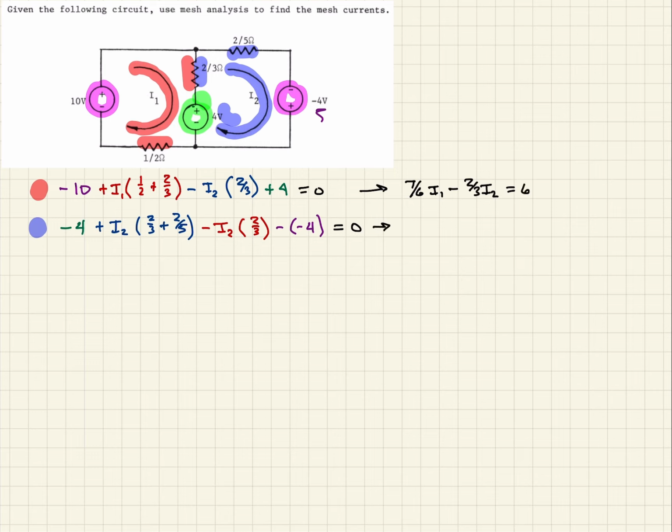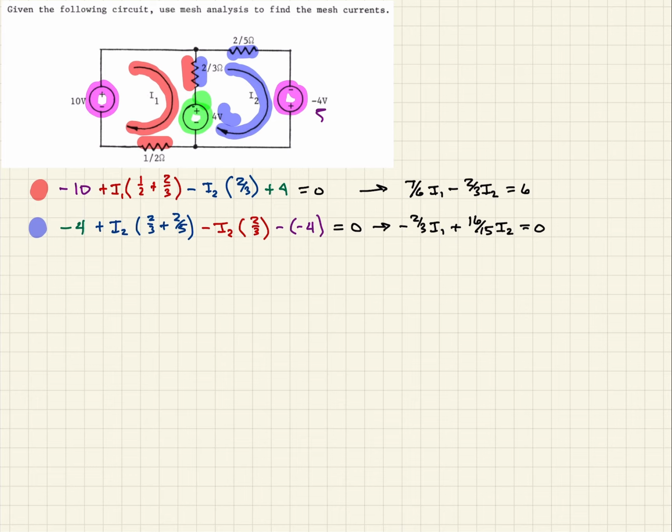And then the second equation ends up becoming minus 2/3 I1 plus 16/15 I2. And that's going to equal 0.